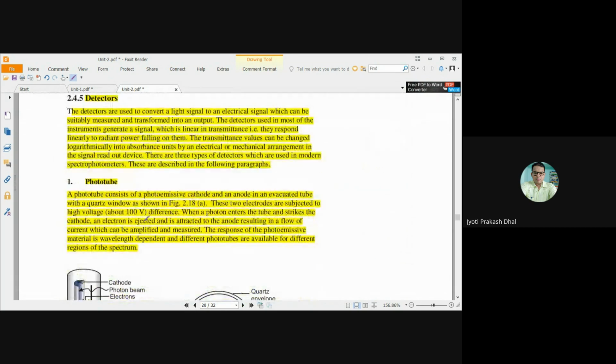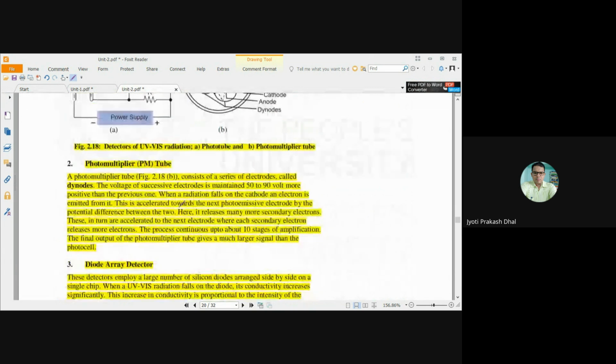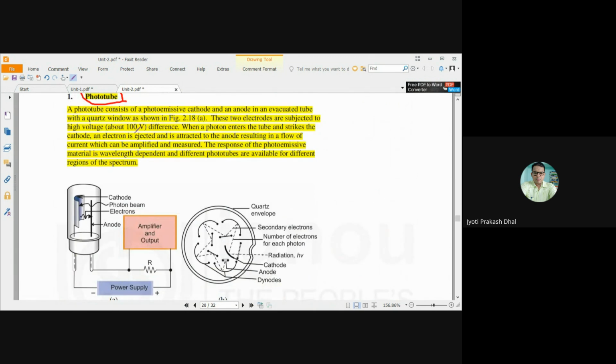for measurement. Now coming to the detector, the UV visible spectrophotometer is connected with the detector, which may be a phototube or a PMT, that is a photomultiplier tube. The detector is an electronic device that consists of a photo emissive cathode and an anode in an evacuated tube with a quartz window as shown in the figure.